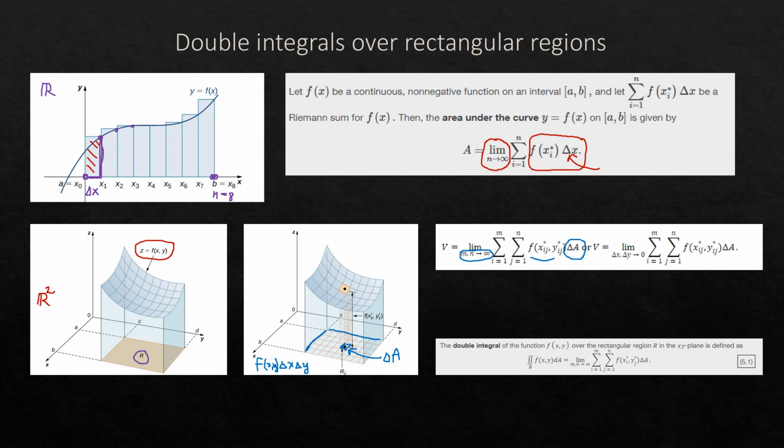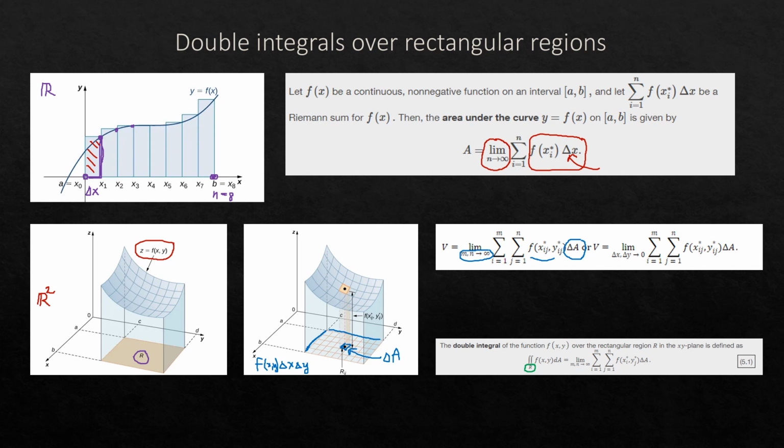The double integral of the function f of x, y, what is it? So we need to know what the restriction is. So R stands for region. Sometimes it's a rectangle. And in this particular lecture, it's always going to be a rectangle, right? And in the next few lectures, we're going to take a look at different scenarios where R doesn't have to be a rectangle.